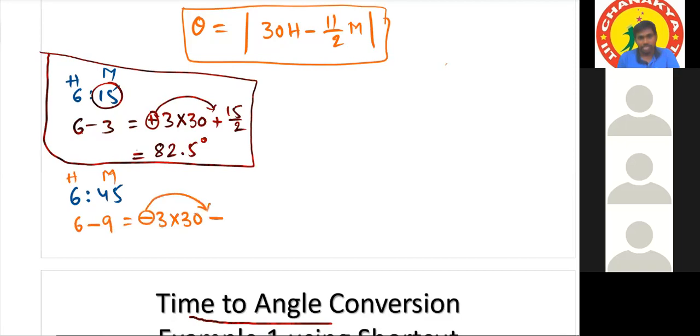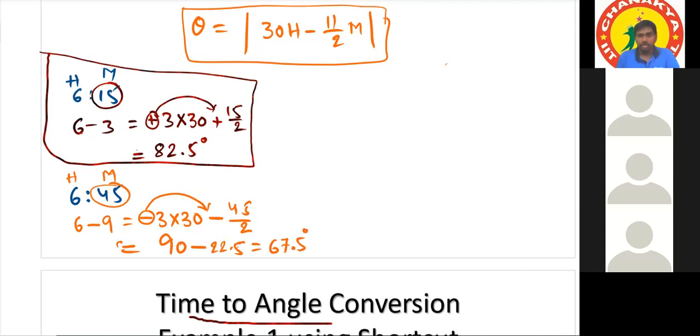Now we have to do minus. How much do we have to do minus? Minutes by 2, 45/2, which is 22.5. So 3 into 30 is 90 minus 22.5 is 67.5.